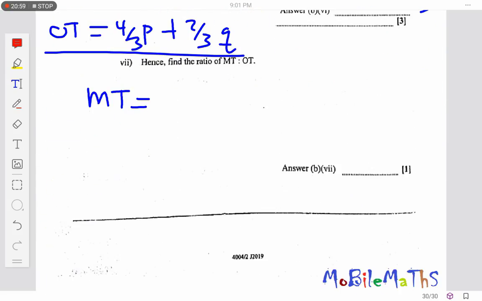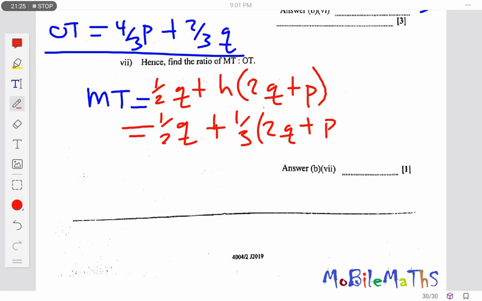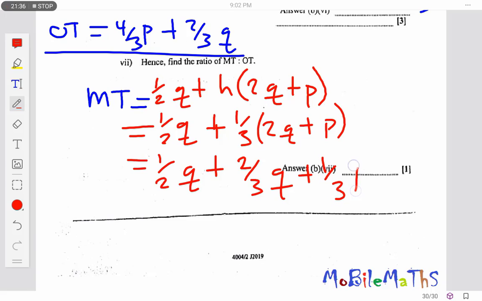Let me come and simplify this side. We said MT is equal to half Q plus H times 2Q plus P. We calculated our H and we said our H is 1 over 3. So I can say this is half Q plus 1 over 3 times 2Q plus P. Let me remove the brackets. This is 1/2 Q plus 2 over 3Q plus 1 over 3P.